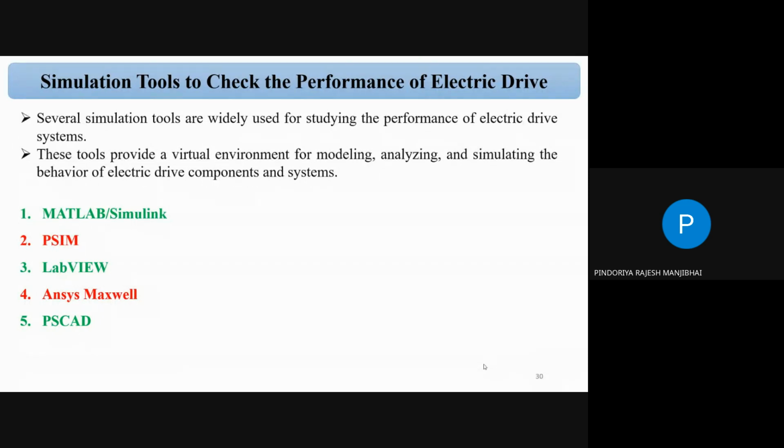Suppose you want to change the voltage in a practical application from 230 to maybe 440 volt. Suppose you directly give 440 volt to your physical motor, maybe you don't know what will happen. Maybe a fire hazard, maybe overspeed, maybe overcurrent. But if you give the same thing in the simulation, nothing will happen.